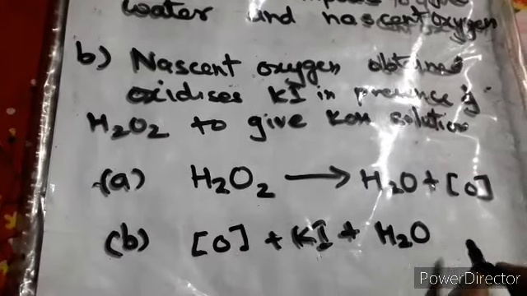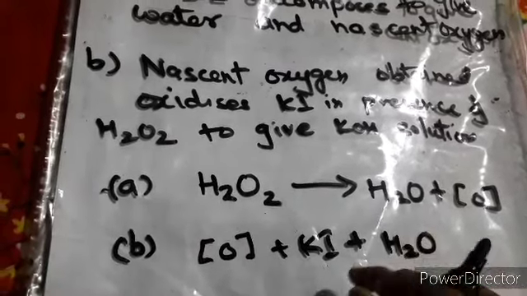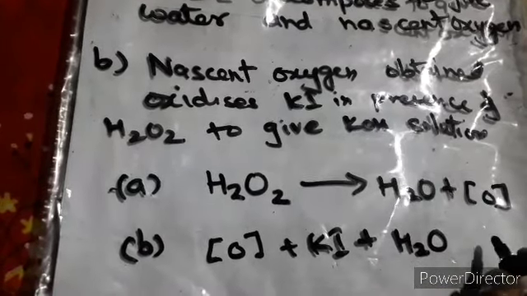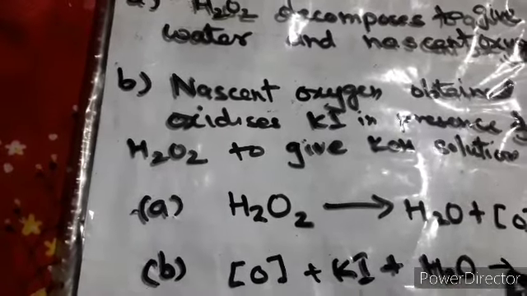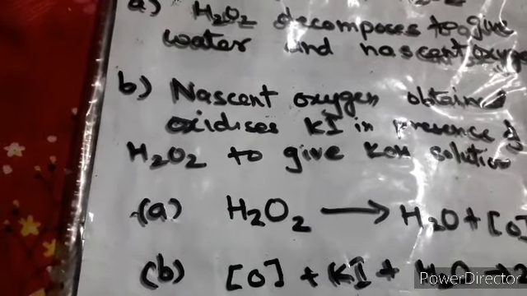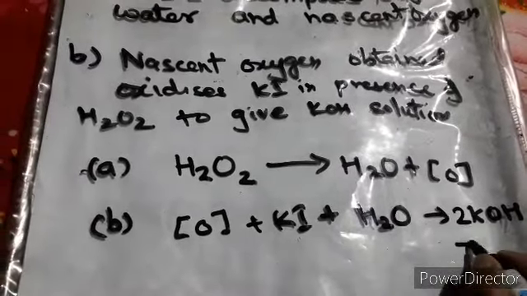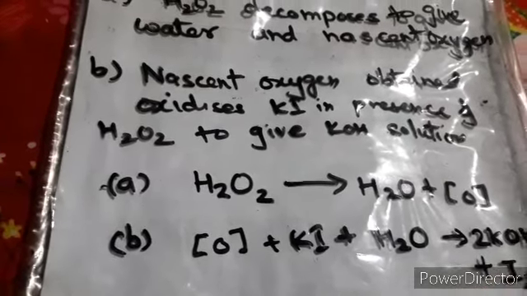Means KI and water, and the nascent oxygen also, these points you will take; water you will get from here, KI they have given you, so it gives you 2 KOH. One thing is missing, they are not telling you, so you have to see that KI is there, what will be the last product over here. So the last product will be I2, iodine will be formed.